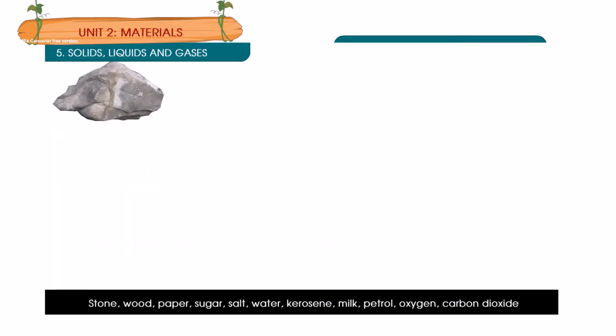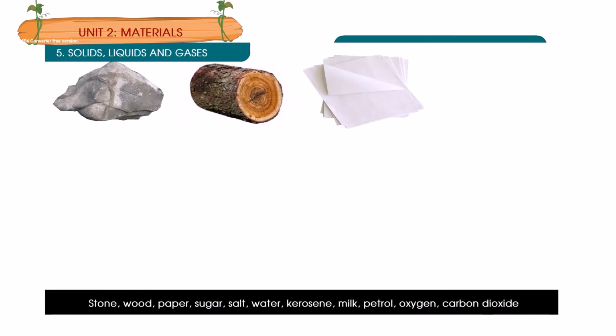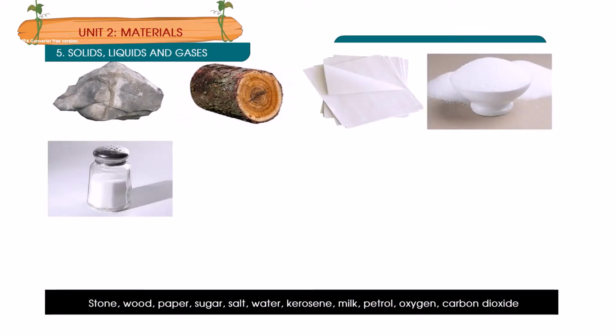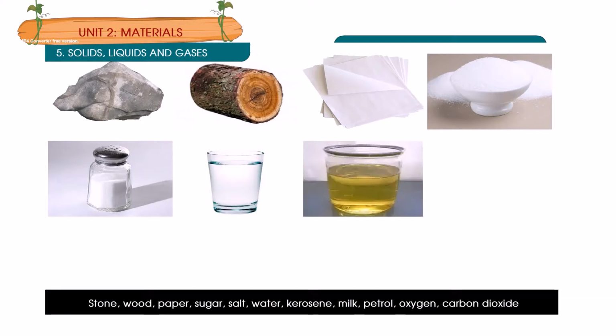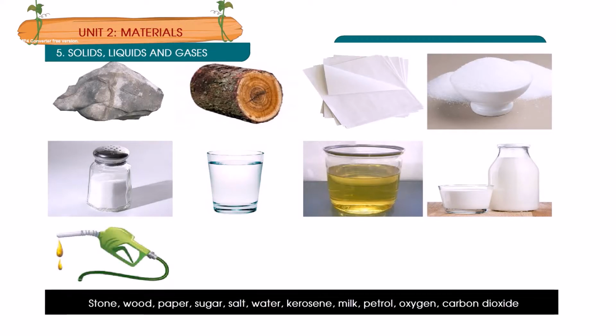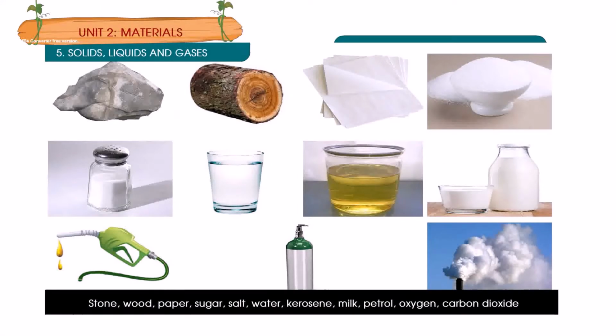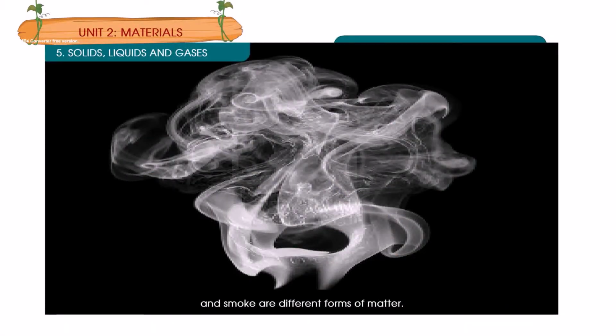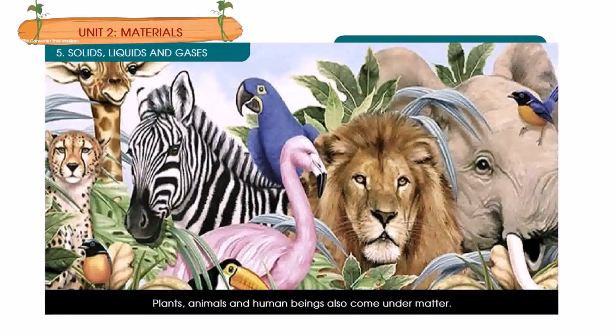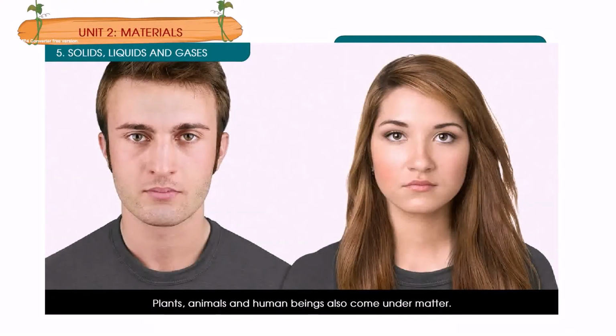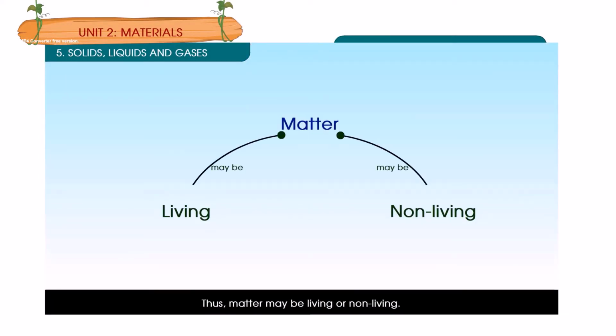Stone, wood, paper, sugar, salt, water, kerosene, milk, petrol, oxygen, carbon dioxide, and smoke are different forms of matter. Plants, animals, and human beings also come under matter. Thus, matter may be living or non-living.